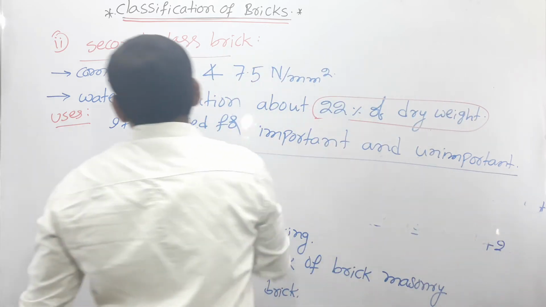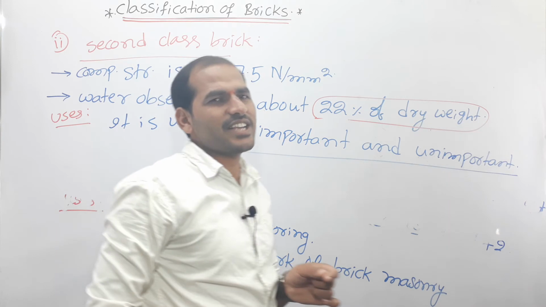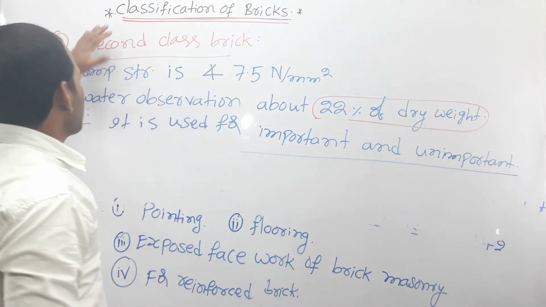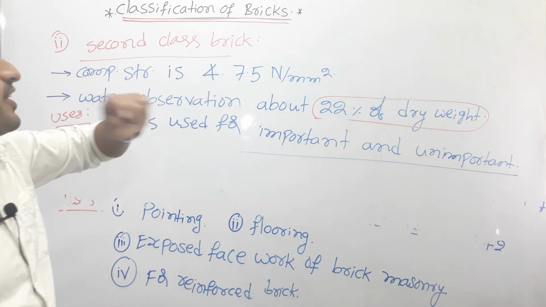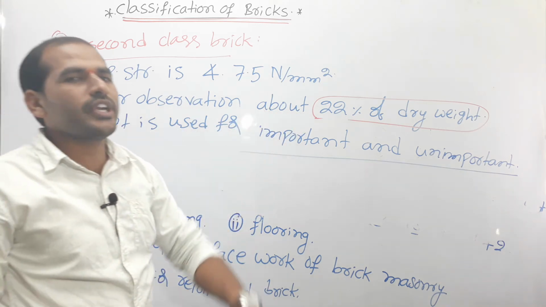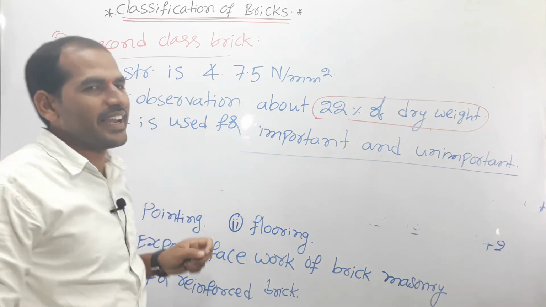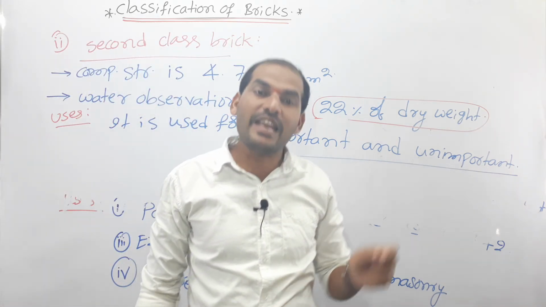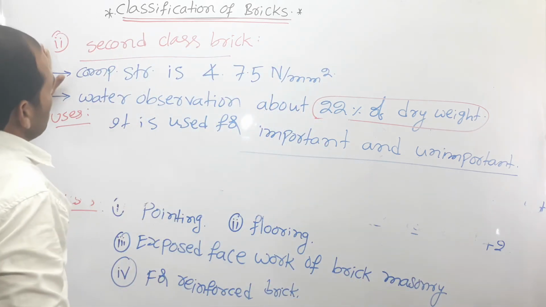So this second class brick is used for important as well as unimportant structures. Compressive strength should not be less than 7.5 Newton per mm square, and water absorption is 22% of its own weight. So this is the second class brick.